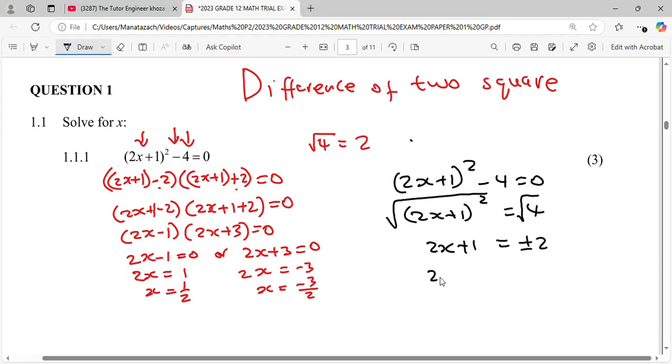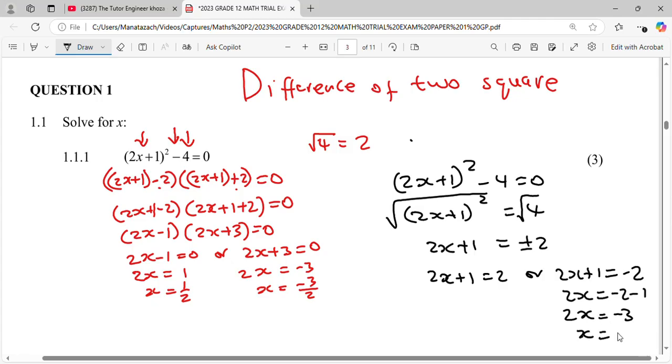Okay, so that's basically 2x plus 1 is equal to 2. That's the positive part of the 2. Then you have the negative part of the 2. So that's just 2x is minus 2 minus 1. Remember, you just have to be careful with your steps. The longer they are, the less you are likely to make mistakes.